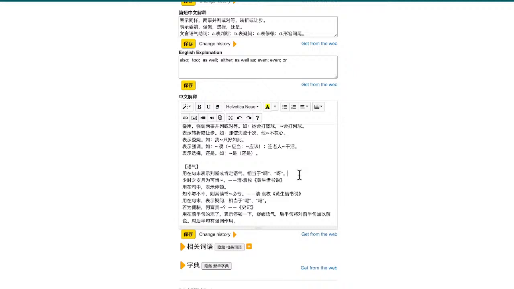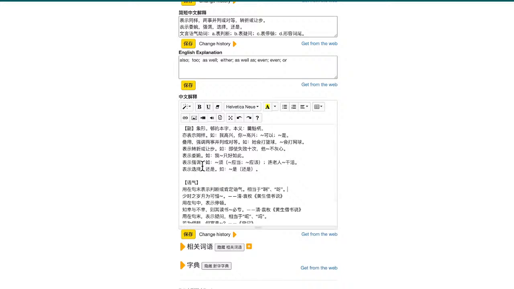Sometimes they use it to emphasize, or to express in a low-key way, like 我也只好如此.